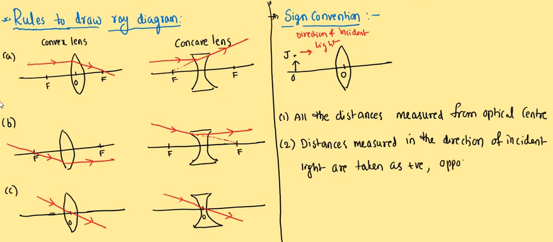Opposite to the direction of incident light, negative.